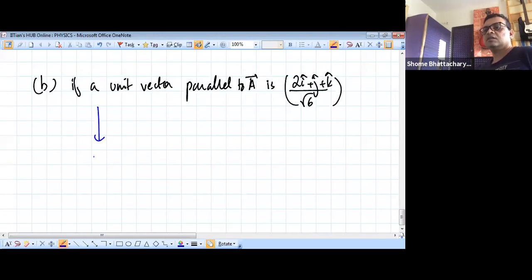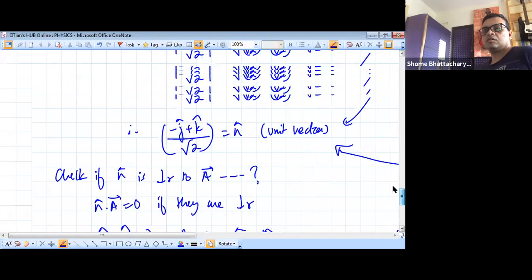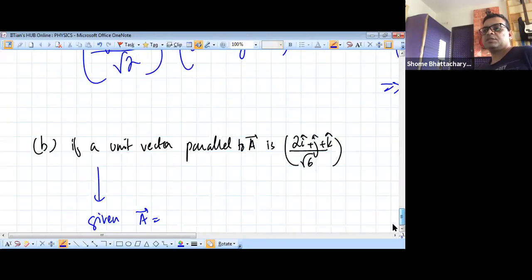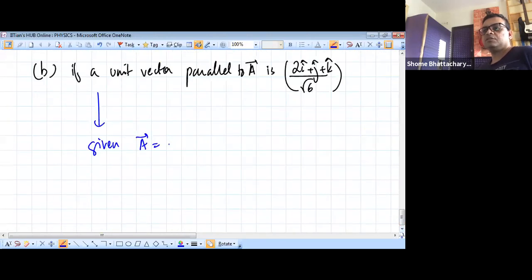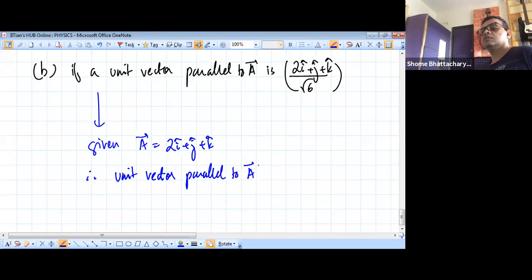The easiest way to check this is, given the vector E was what? It was 2i cap plus j cap plus k cap. So the vector E was 2i cap plus j cap plus k cap. Therefore, we directly know the unit vector parallel to E is nothing but its own unit vector E cap. It is nothing but vector E divided by its magnitude.